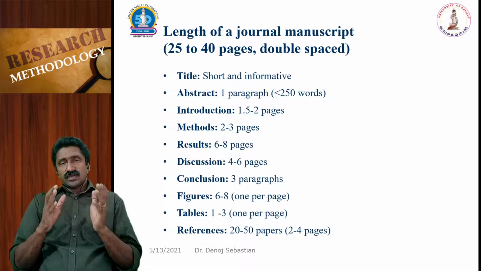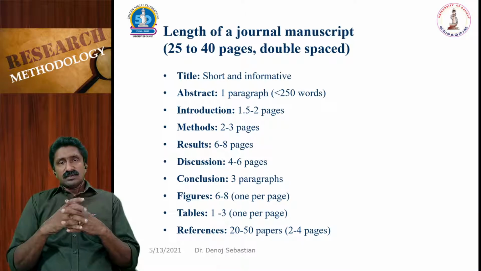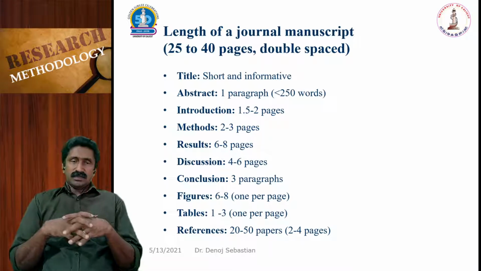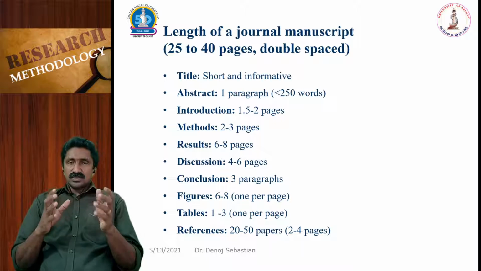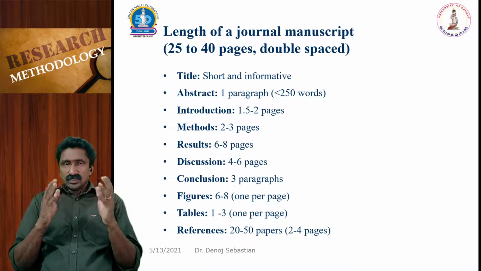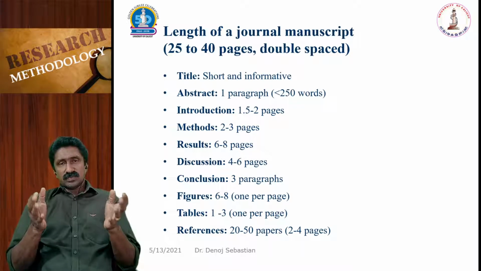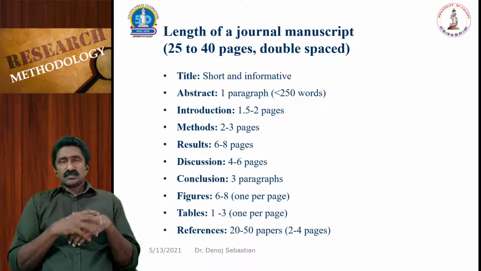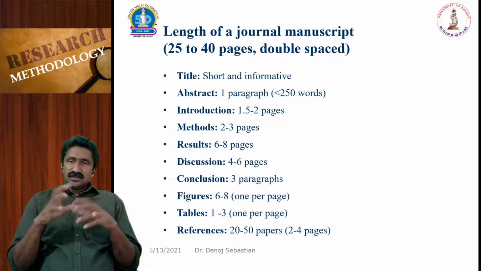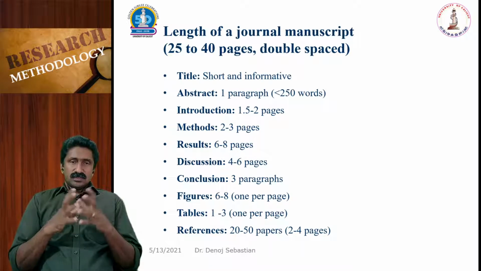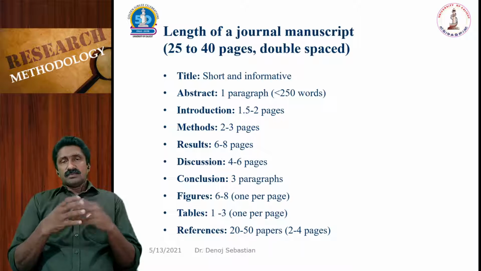And about 20 to 50 references for a paper, which can be represented in 2 to 4 pages. So this is the overall size of a research paper and the different sections that come under scientific writing. So for each section, when we are writing, we have to keep this size in mind.